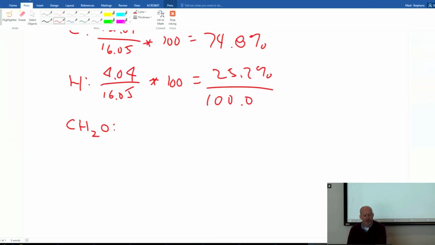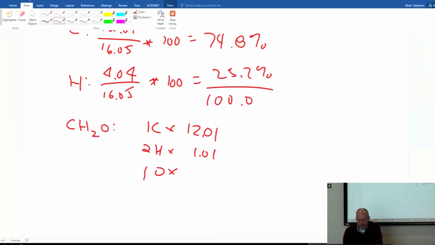I'm looking at the percentages. So what have I got? The formula's already built for us. I've got 1 carbon, I've got 2 hydrogens, I've got 1 oxygen. I look up the formula weight of each piece from the periodic table. Carbon, 12.01. Hydrogen, 1.01. Oxygen, 16.00.